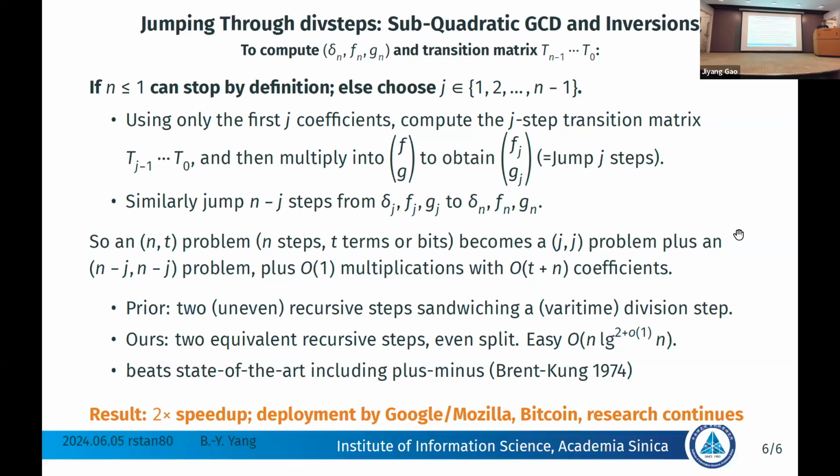So the key thing is that you never need to read the signs, and that speeds up the algorithm so much that it doubles the speed of inversions in constant-time computations. This is currently being used by Chrome and Firefox and Bitcoin, if you're lucky enough to own any. Anyway, that's it, and happy birthday, Richard.